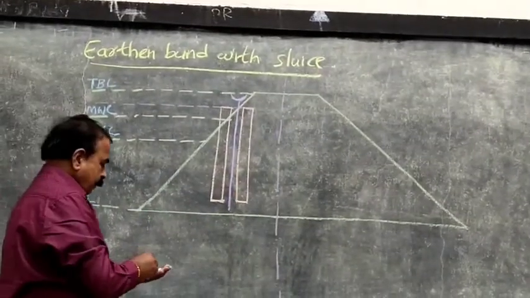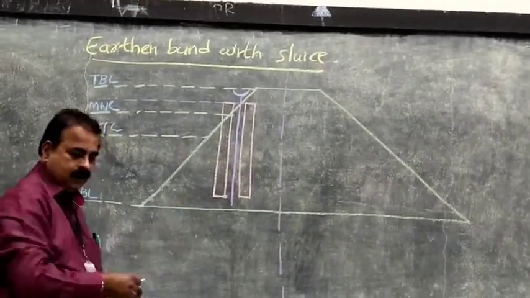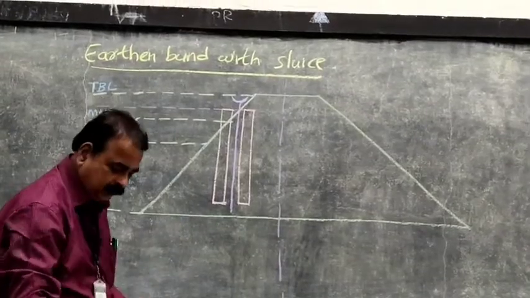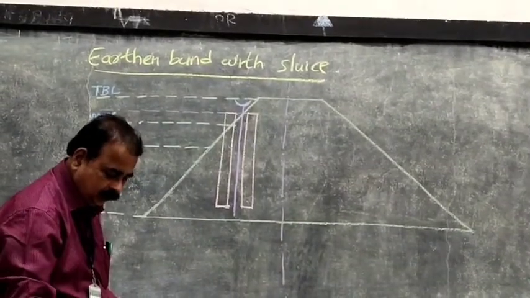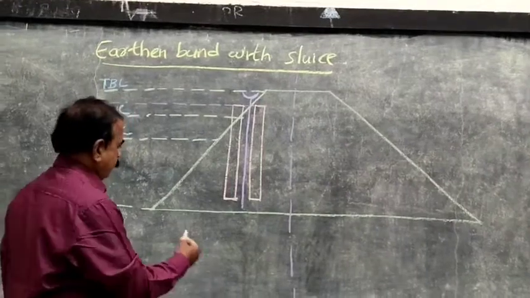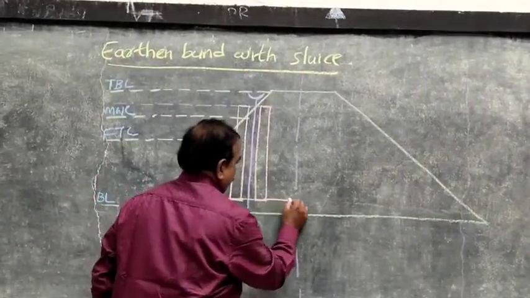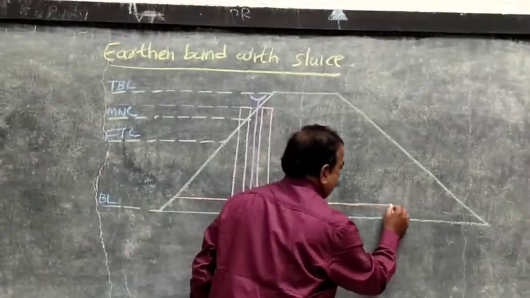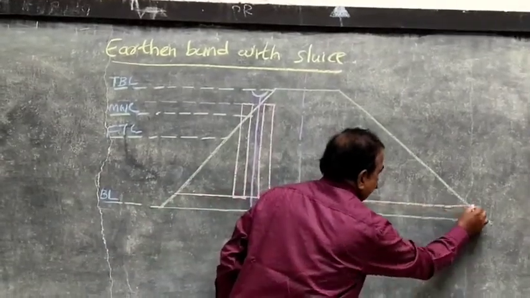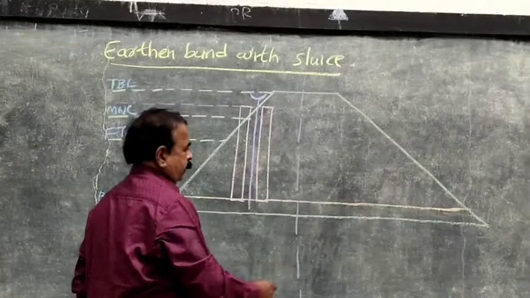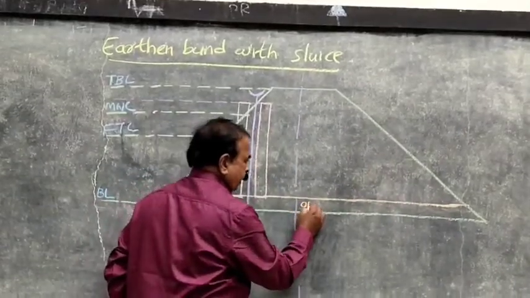And remember, I told you, it is having an opening. Opening is provided, and that opening is provided here. It's a full opening, which is extended up to the downstream side.